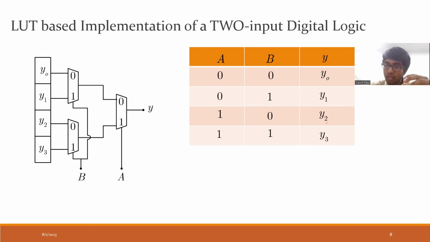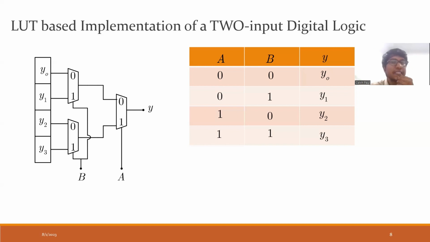There is already a table defined in the digital platform. If these are the inputs, then it must give this output that is already defined. The inputs are given, it looks up in the table, and based on that it will fetch the output y0. That is why it is called a lookup table.